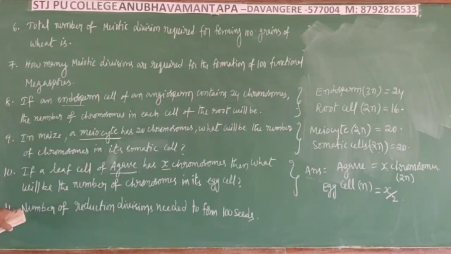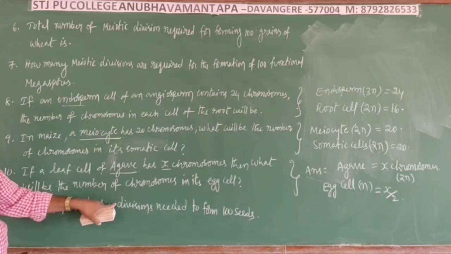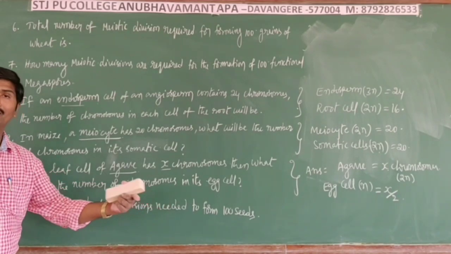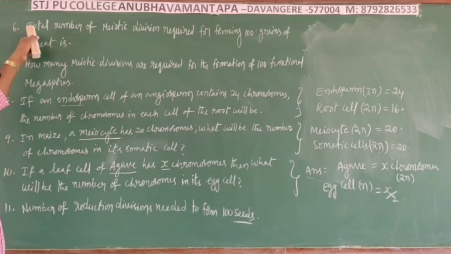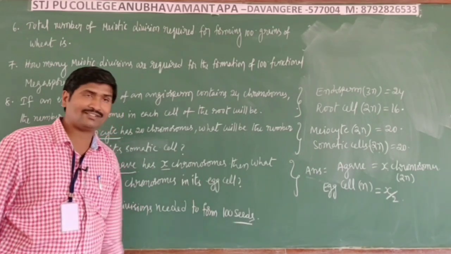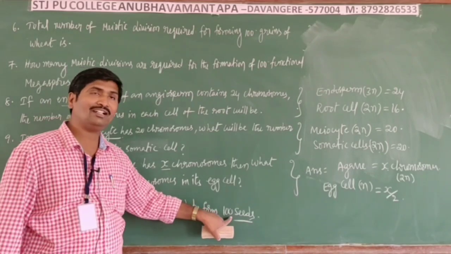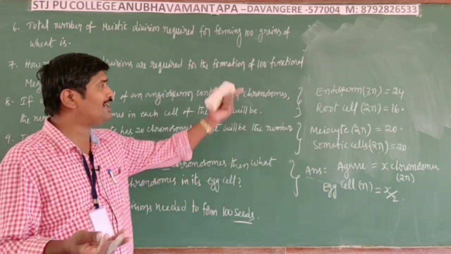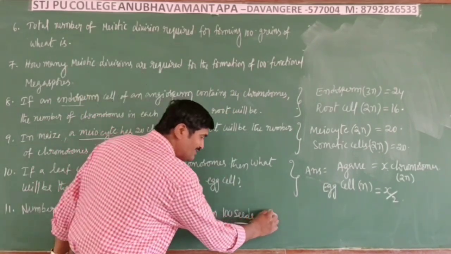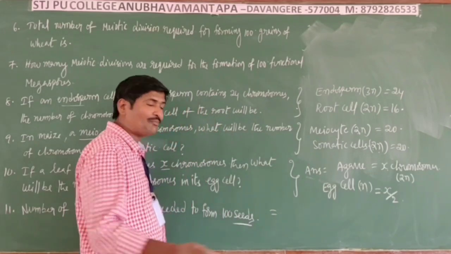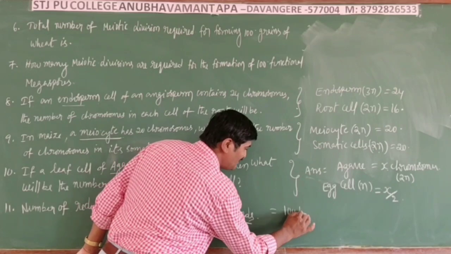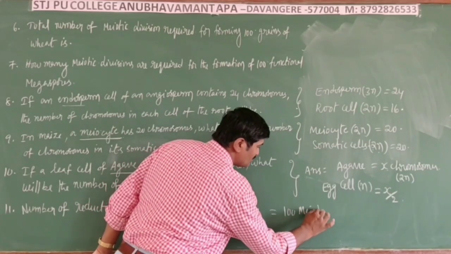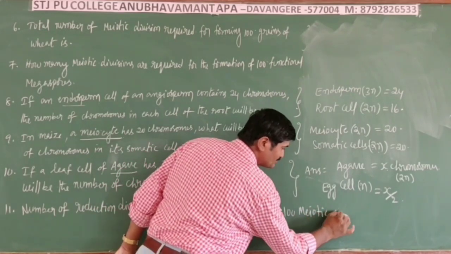Next one, the number of reduction divisions needed to form 100 seeds. For the formation of 100 seeds, how many egg cells are required? 100 egg cells are required. For the formation of 100 egg cells, how many meiotic cell divisions are required? 100.